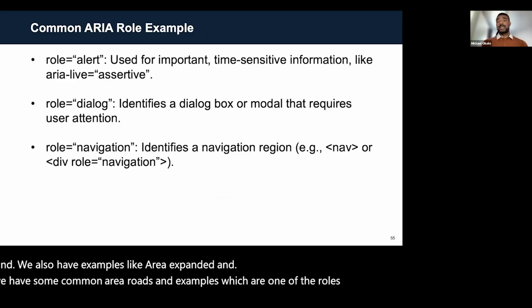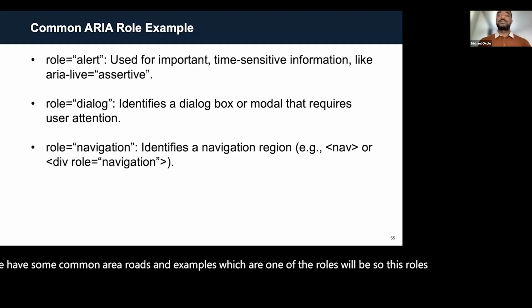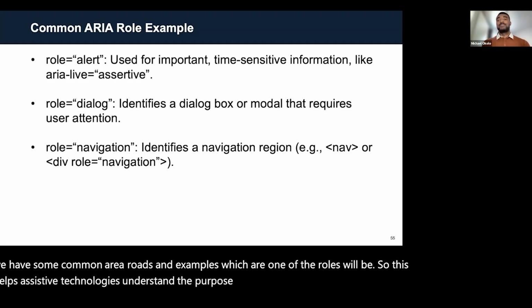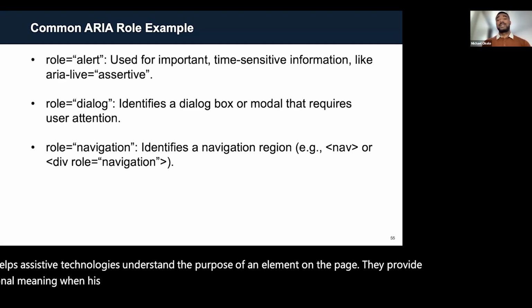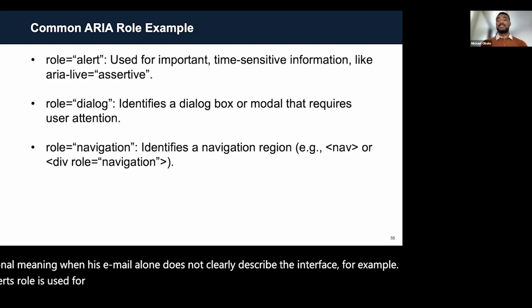These roles help assistive technologies understand the purpose of an element on a page. They provide additional meaning when HTML alone does not clearly describe the interface. For example, the alert role is used for urgent messages that need immediate attention from the users.